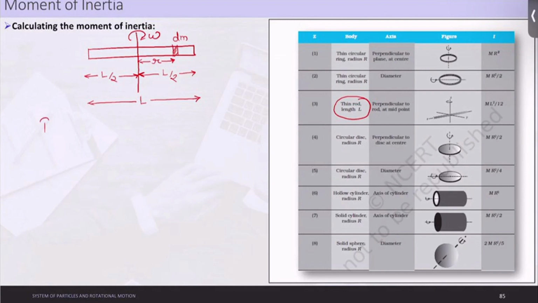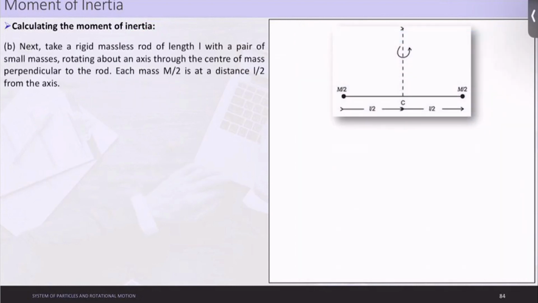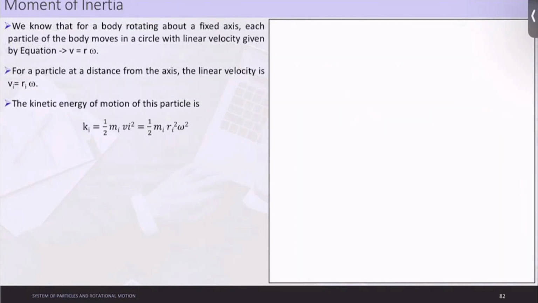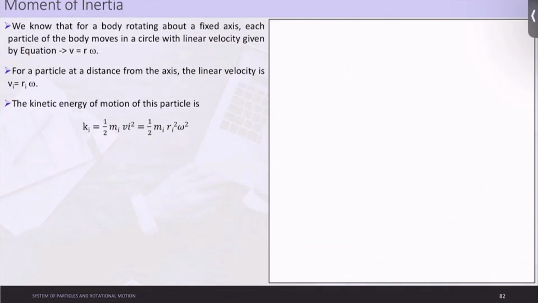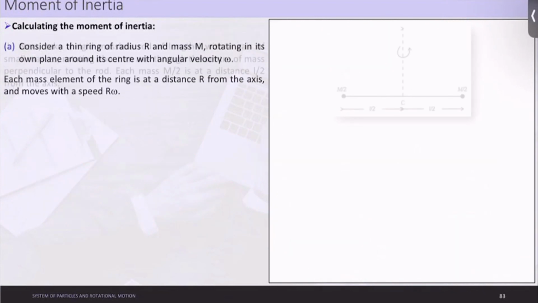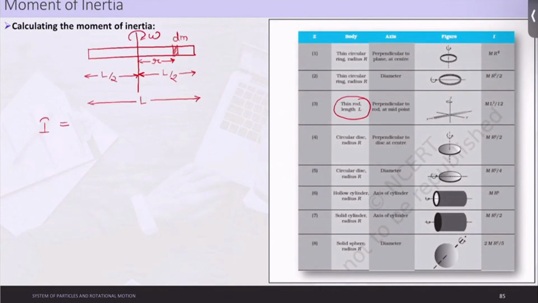Now we know what moment of inertia is. As we have just explained, moment of inertia is equal to summation m_i r_i square. So in the differential form, I can write that dI is equal to dm r square.